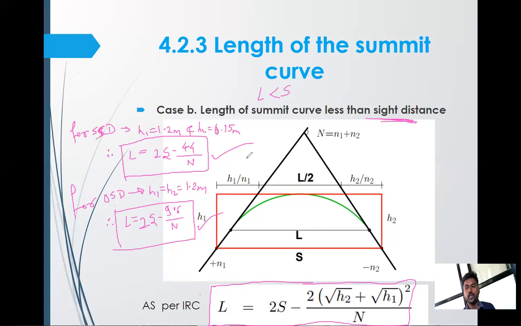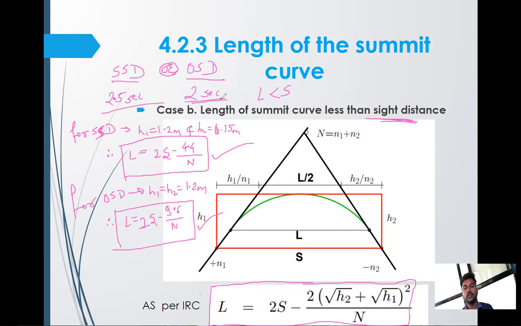Whenever we are calculating the length of the summit curve, we should keep in mind whether we are dealing with SSD or OSD, because the formula changes for SSD and OSD. The height of the object is different, as well as the reaction time. We are taking the reaction time for SSD as 2.5 seconds and for OSD 2 seconds.